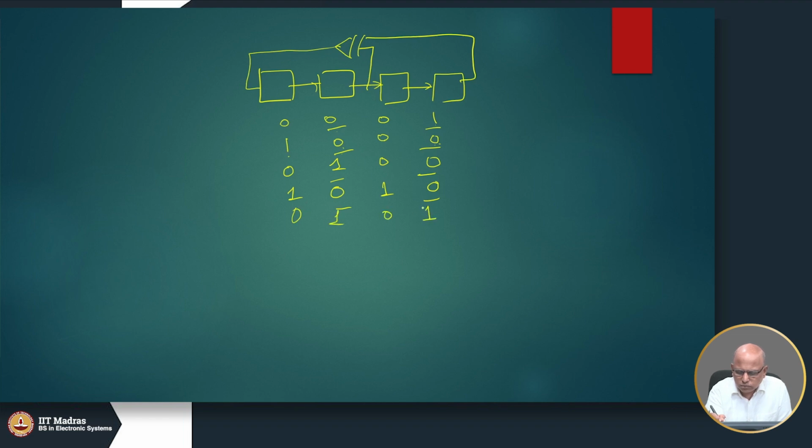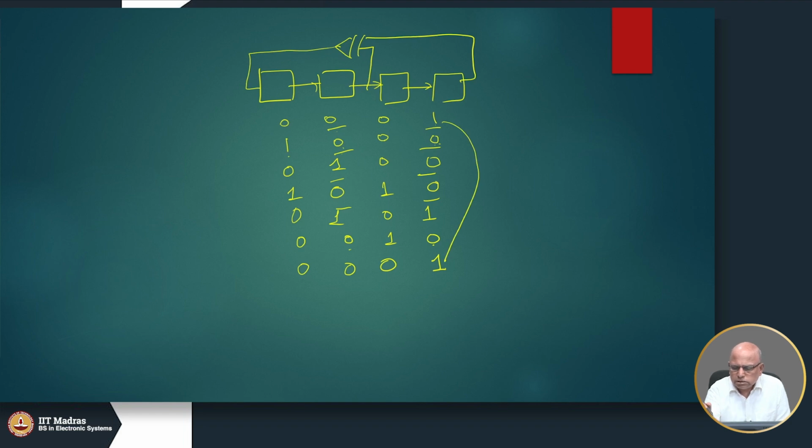XOR of 1 and 1 is 0, 0 1 0. XOR of 0 and 0 is 0, 0 0 1. So, you can see that it cycled back very quickly. It did not generate all the other states.